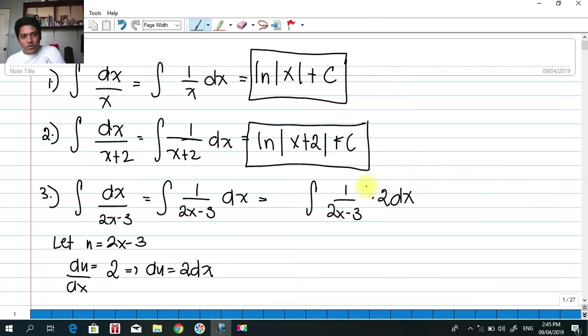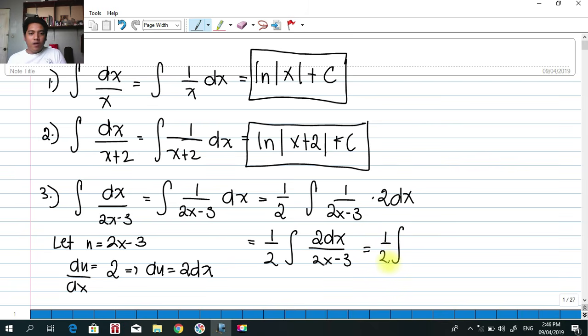We add 2 here, so we have to offset 1/2 outside of the integral. So that we evaluate 1/2 of the integral of, simply, 2 dx over 2x minus 3.